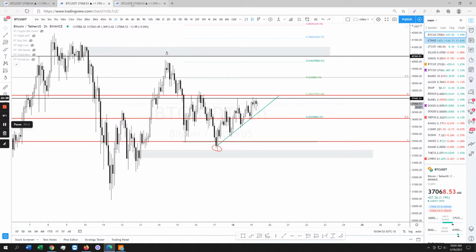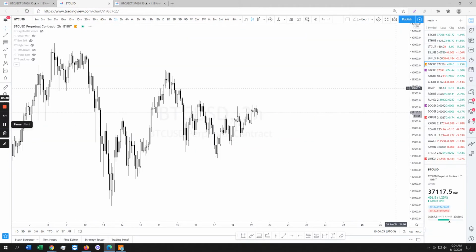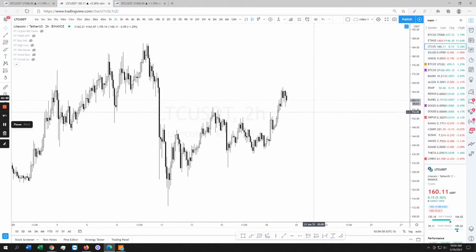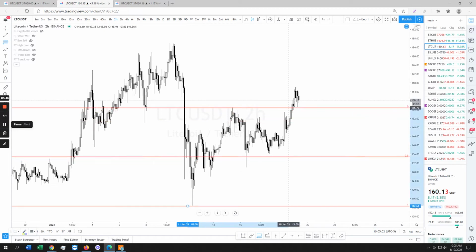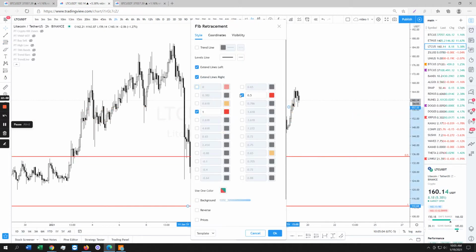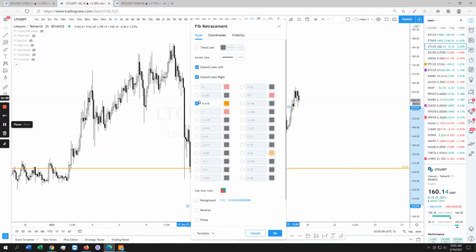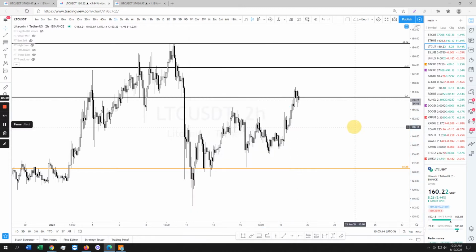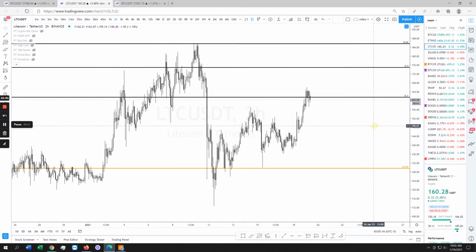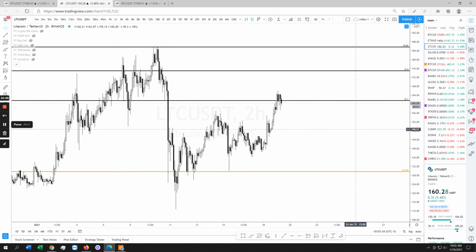If you take in consideration what Litecoin did, then you want to lean towards up, right? Because Litecoin, look what Litecoin did. I think it hit the 0.5. I don't know what it hit, but yeah, it hit the 0.6.